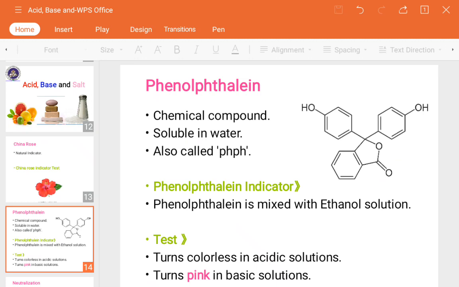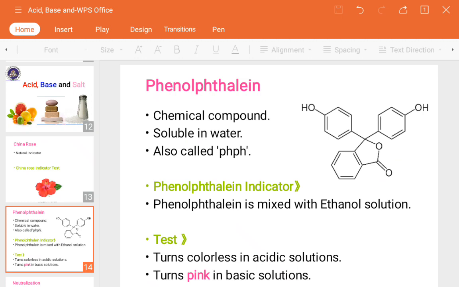If you put a few drops of the phenolphthalein indicator in a particular solution and want to check whether it is acidic or basic: if the solution stays colorless, it means it is acidic, with no change. If it turns pink, the solution is basic in nature.